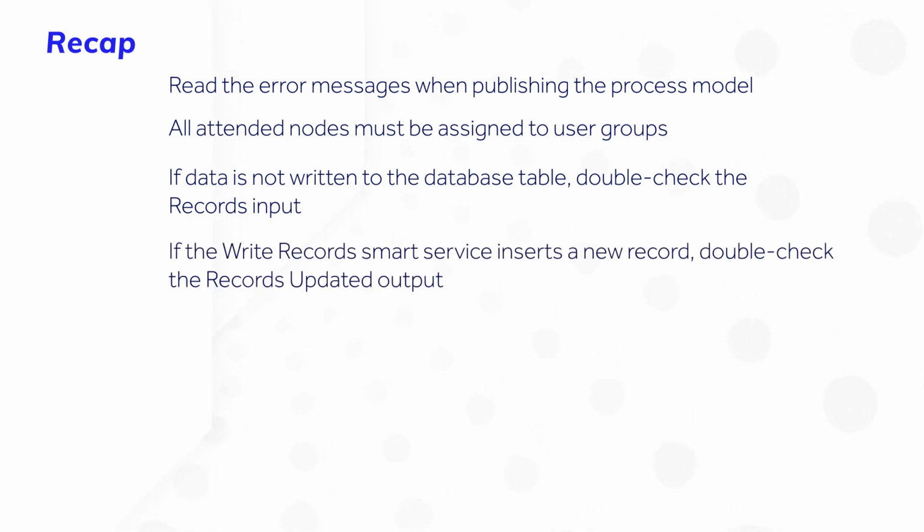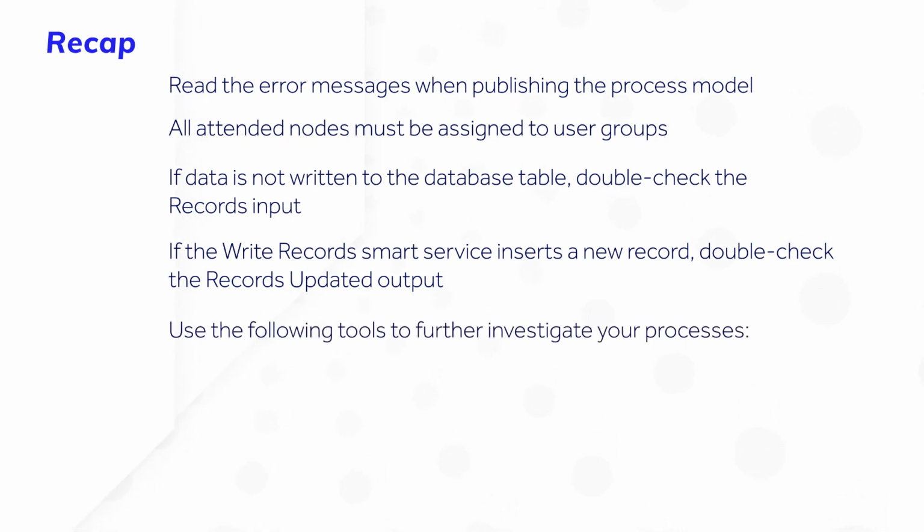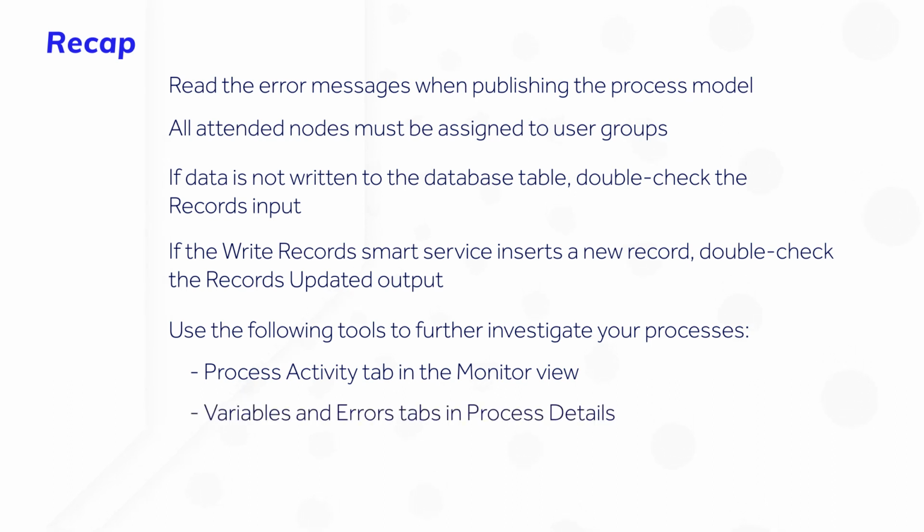If the Write Record Smart service inserts a new record instead of updating an existing one, double-check the configuration of the record's updated output. Use the following tools to further investigate your processes: Process Activity tab in the Monitor view, and Variables and Errors tabs in Process Details.